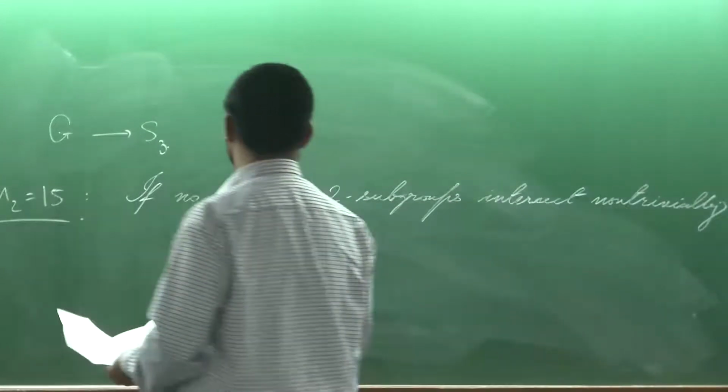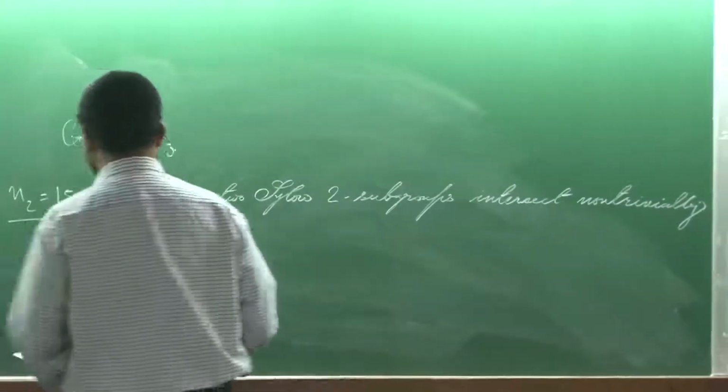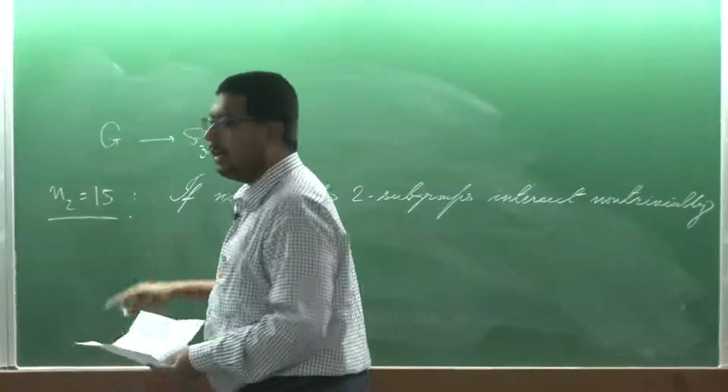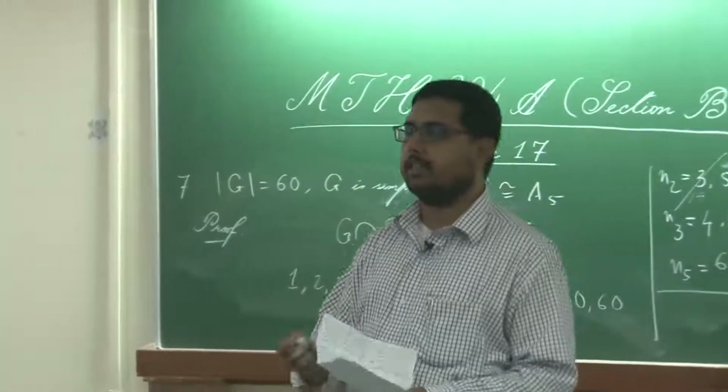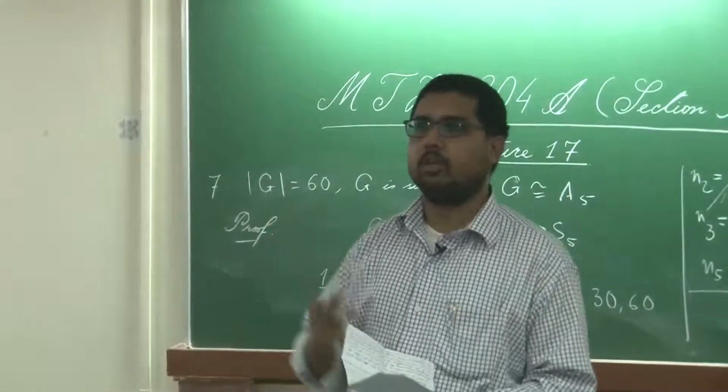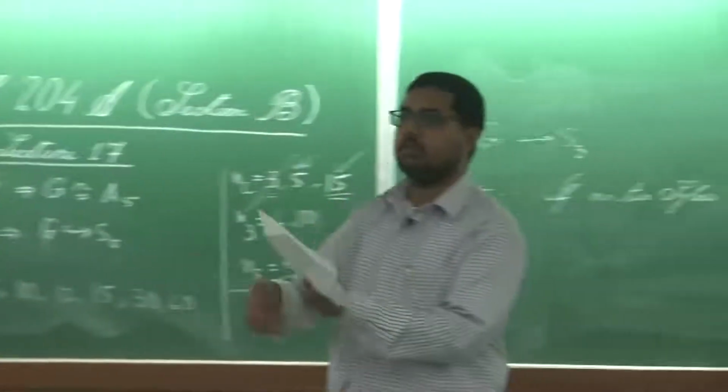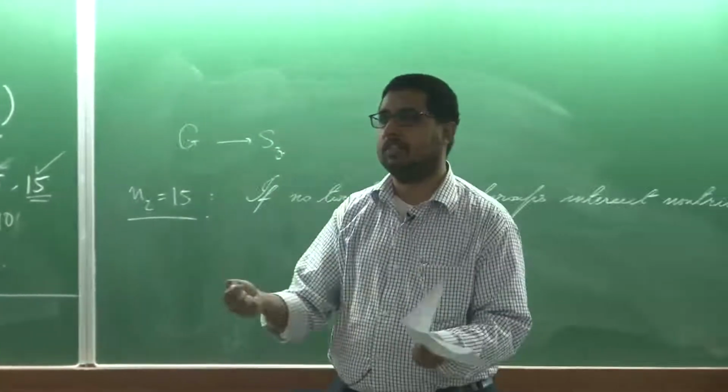If no 2 of them intersect non-trivially, then what will happen? Each Sylow 2 subgroup being of order 4 contains 3 elements of order 2 or 4. So, in any Sylow 2 subgroup, apart from the identity, there are 3 more elements.